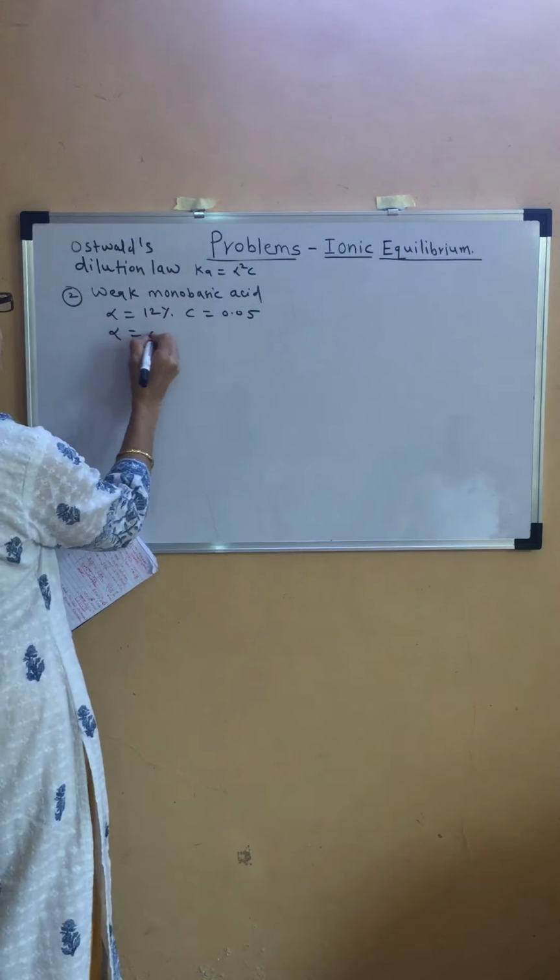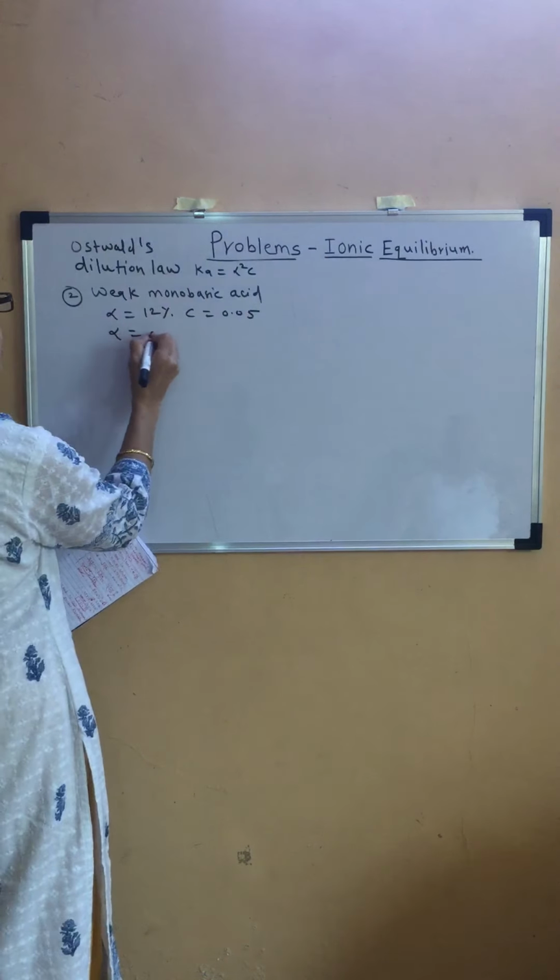What is alpha 1? 12%, so 12 upon 100 into 0.05, square of this is equal to alpha 2 square into C2. What is C2? 0.15, isn't it?